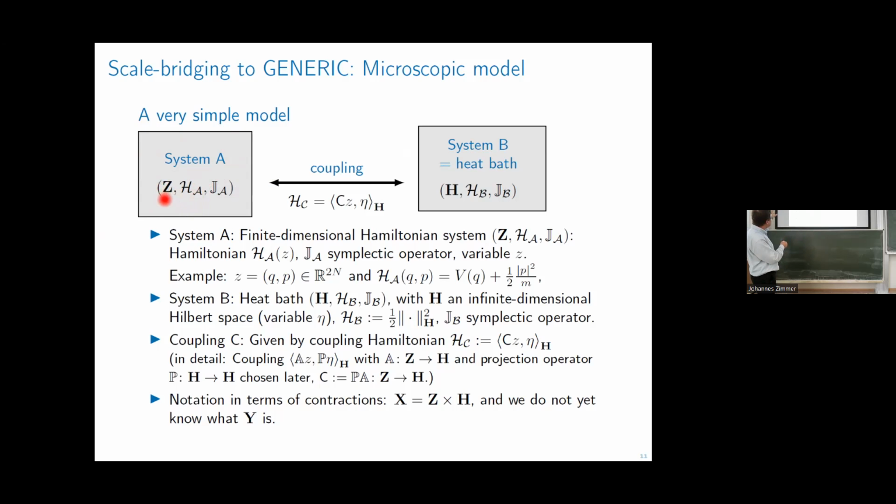It has a space Z, a Hamiltonian depending on A, and a symplectic structure J. Then I do exactly the same thing as in the picture with the red water molecules. I couple it to a heat bath, and the heat bath is really inspired by the previous slide. So it's an infinite dimensional space. It should be energy conserving, so there's a Hamiltonian and a symplectic structure. And these two I couple, and the coupling is linear.